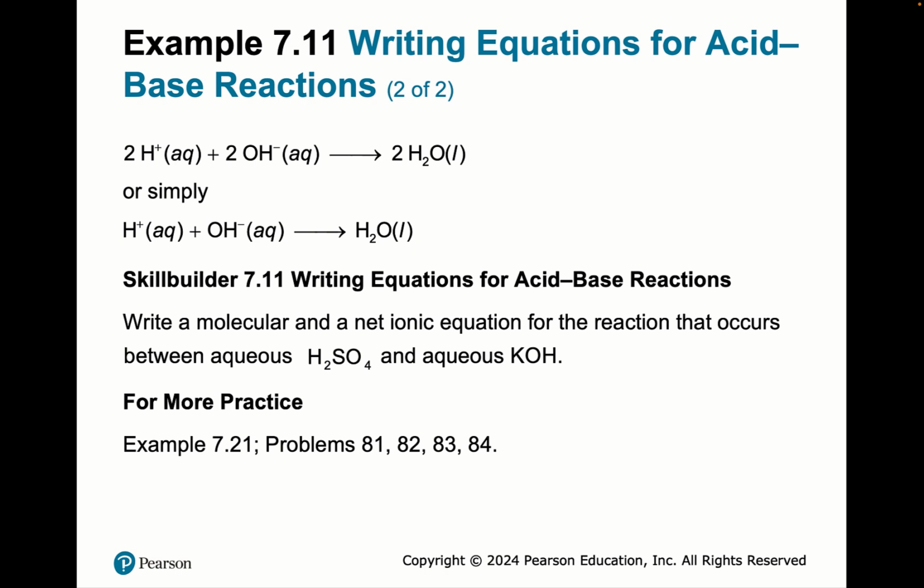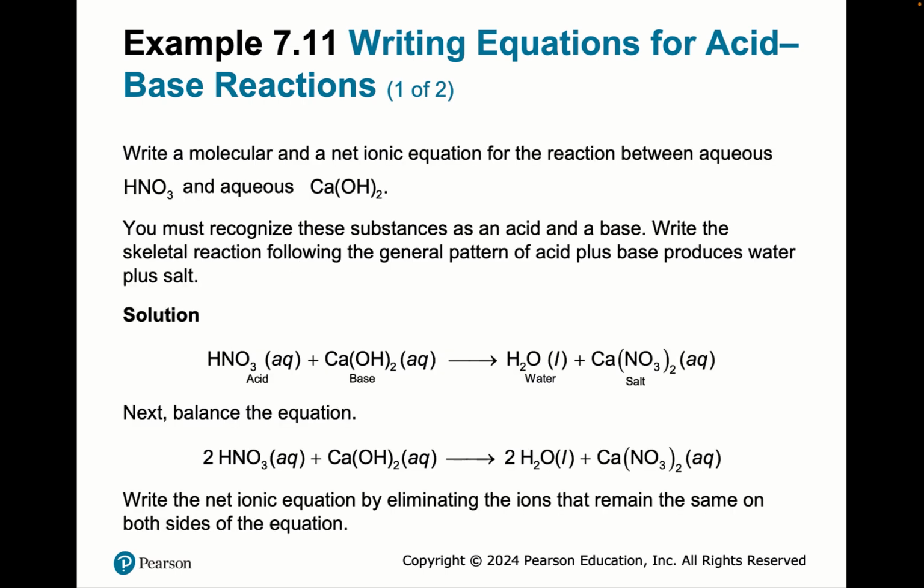Then for the net ionic equation, looking at everything, nitric acid is a strong acid, so HNO3 breaks apart completely. It's really like H plus or H3O plus aqueous and nitrate aqueous. And the calcium is aqueous.